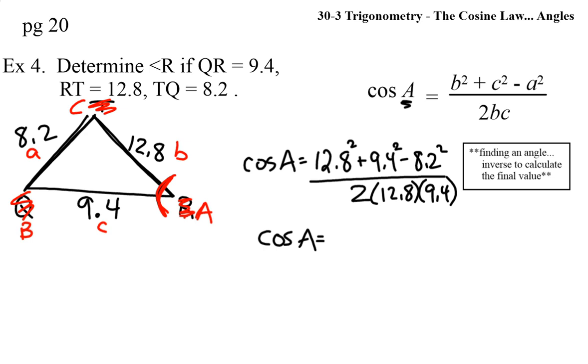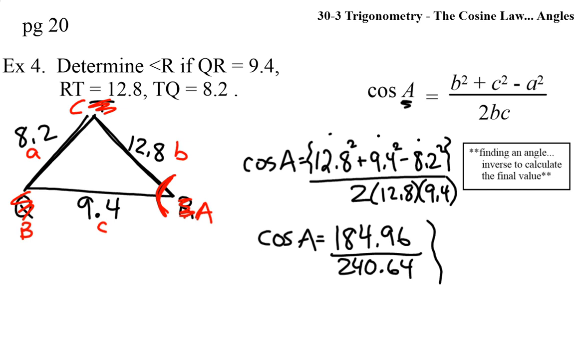There's the substitution, and now we solve. Again, I like to break it into the numerator calculation first. 12.8 squared plus 9.4 squared, subtract 8.2 squared gives us 184.96. And that goes over 2 times 12.8 times 9.4, which is 240.64.